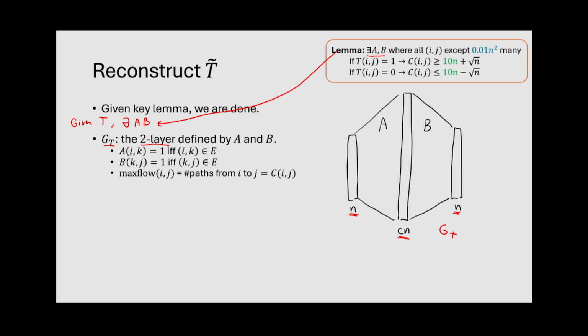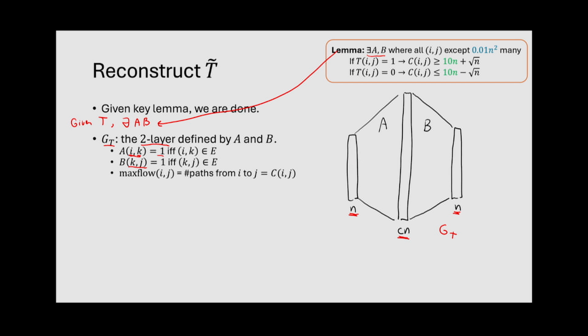If entry ik of A is 1, then just put an edge from i to k here. If this entry, from k to j, is 1, then put an edge here. That's just how you build the graph from A and B naturally.